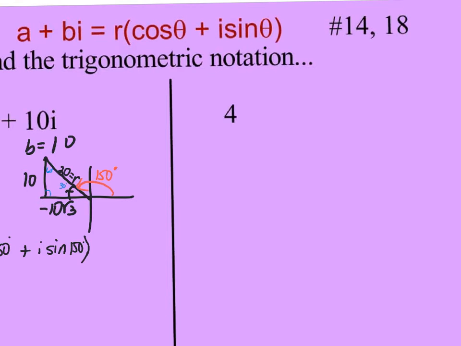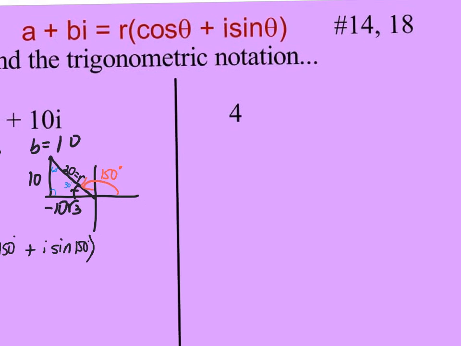So what if we're just given a 4? The 4 does not have an i, which means A is 4. How many i's do I have? Well, 0 of them. So B is 0. Where does this sit in the coordinate plane? Over 4, up none.